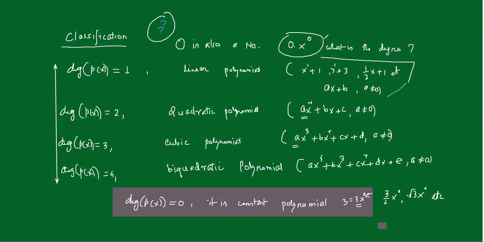This particular polynomial is known as the zero polynomial, right? This is unique of its kind. Unique मतलब इसका जैसा बस एक ही है. And the thing is that its degree is not defined.